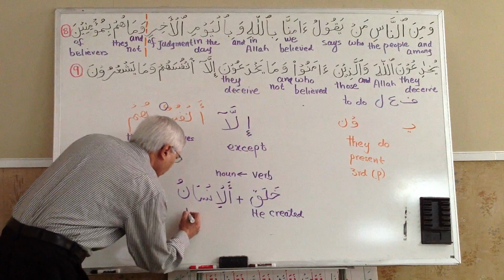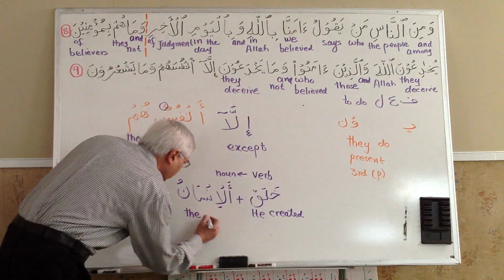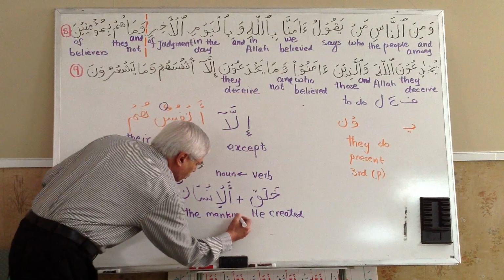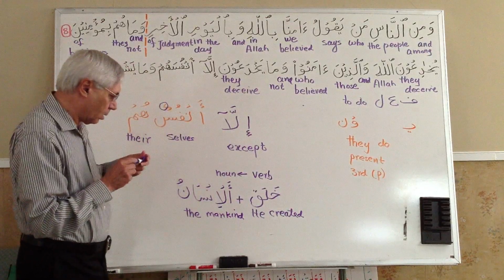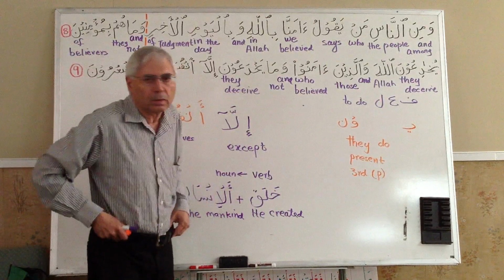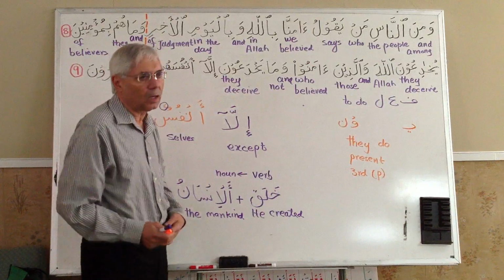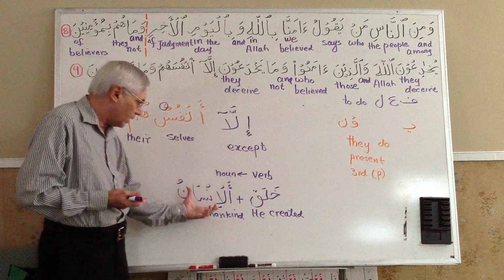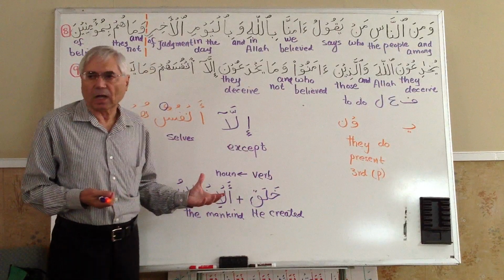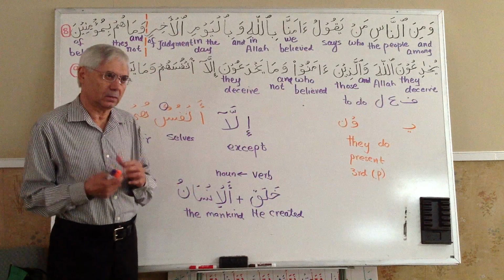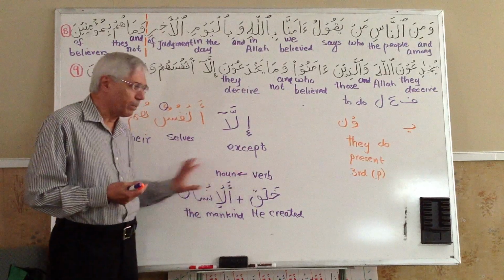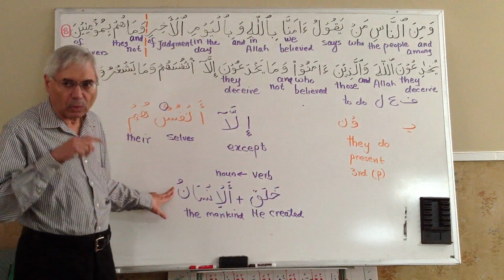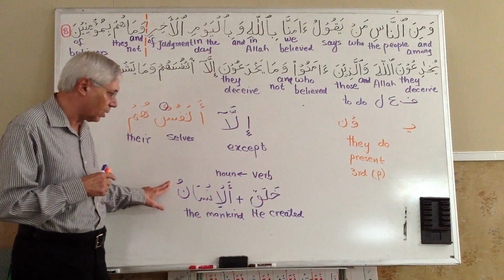Al-insano means the man or the mankind. These are two separate words. One is a verb. I took the example of khalaqa, which means he created, Allah created. The other word I am using is al-insano, the man. Two separate words.